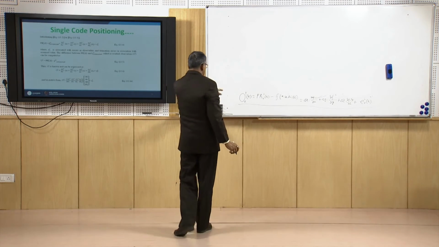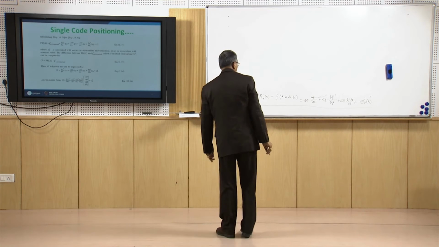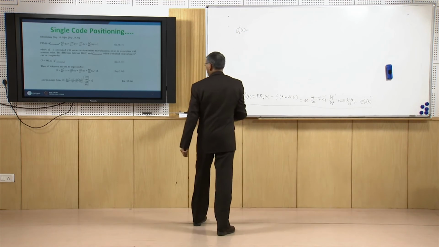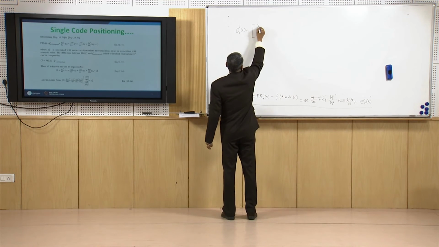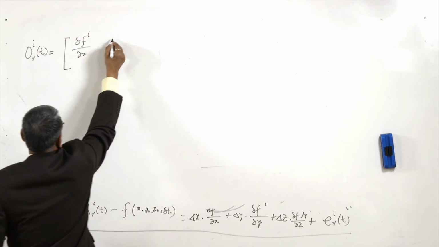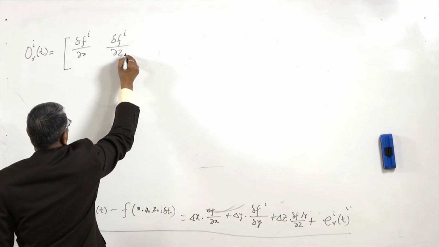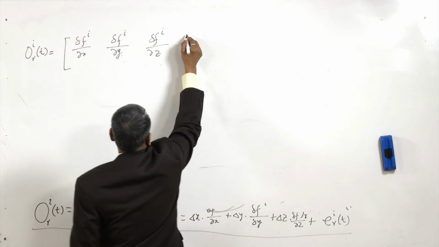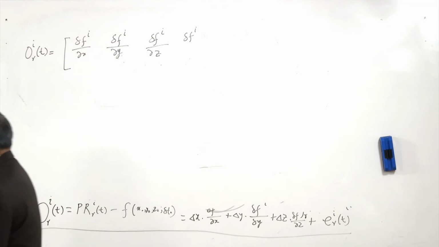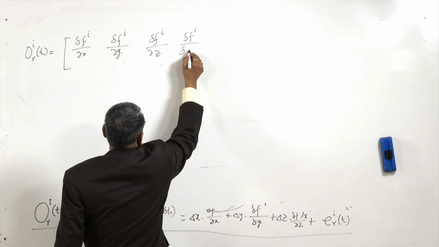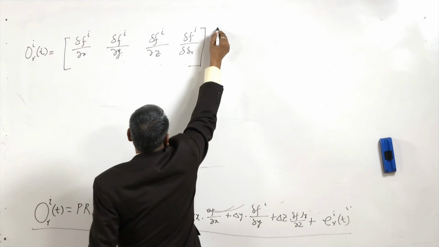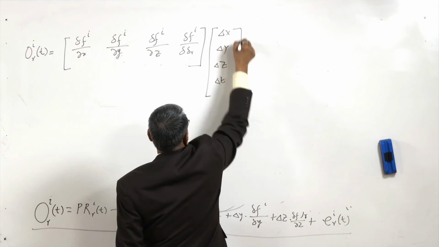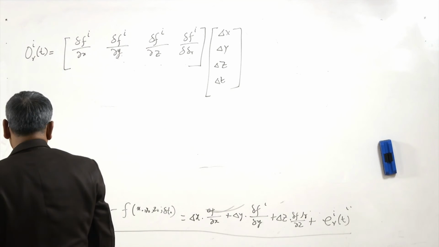So again we can write this in a matrix form: O i r t is equal to df i by dx, df i by dy, df i by dz, and so on, multiplied by del x, del y, del z, del t. So we can write this in this way.